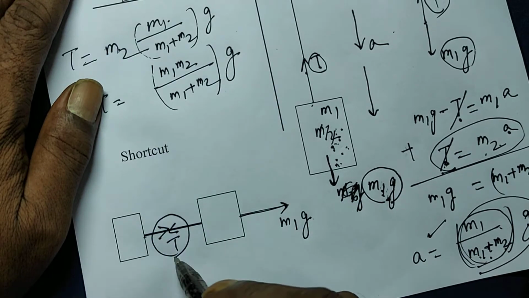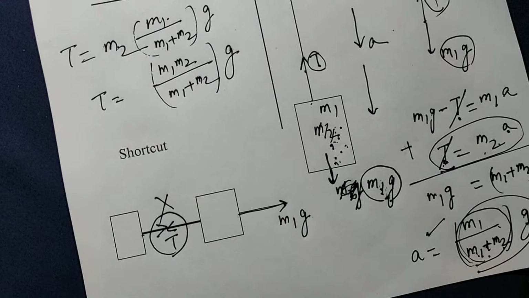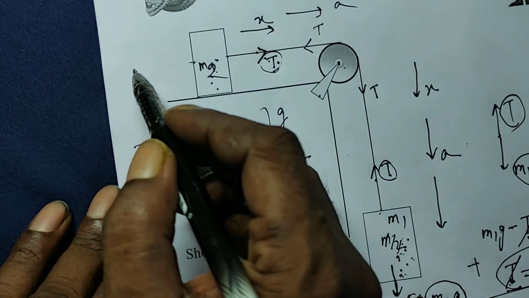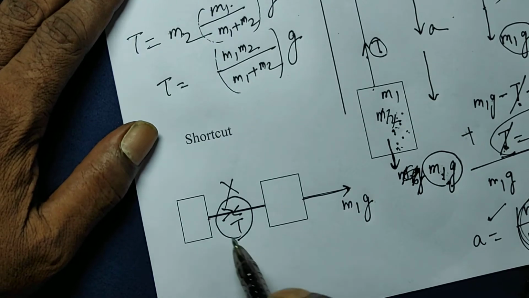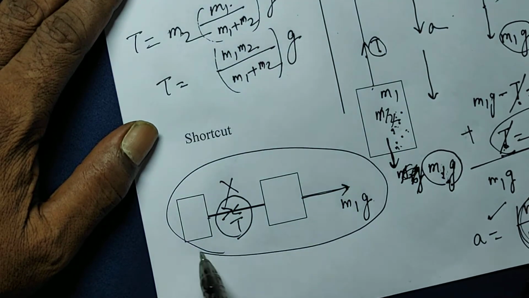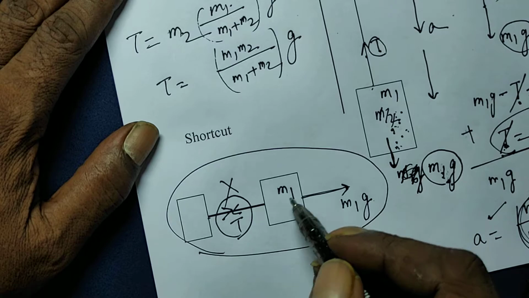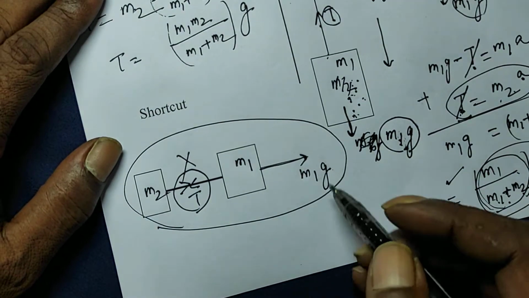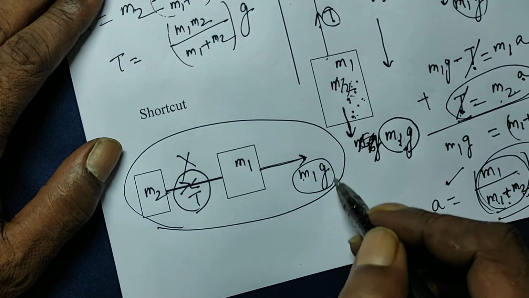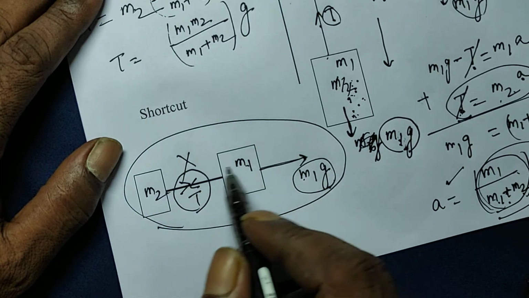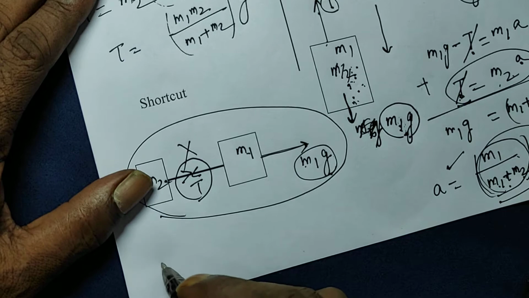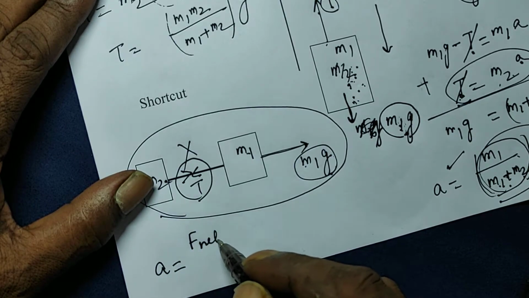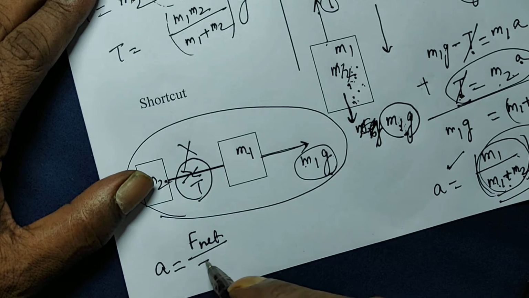I don't have to consider this because this is an internal force, and since there is no force here to this side, if you consider this as a system with this as m1 and this as m2, then net force is m1g and the total mass is m1 plus m2. So your acceleration is equal to net force by total mass.